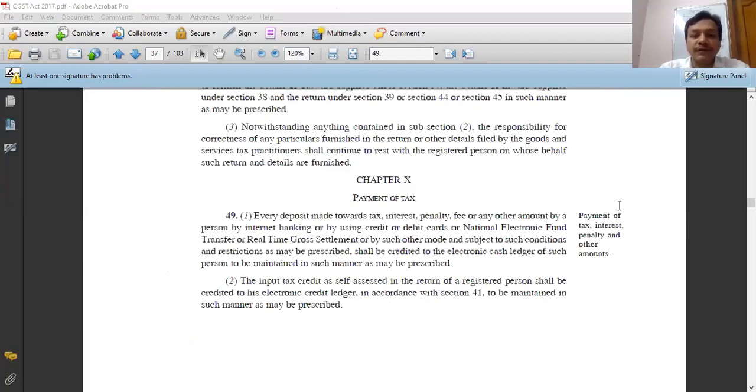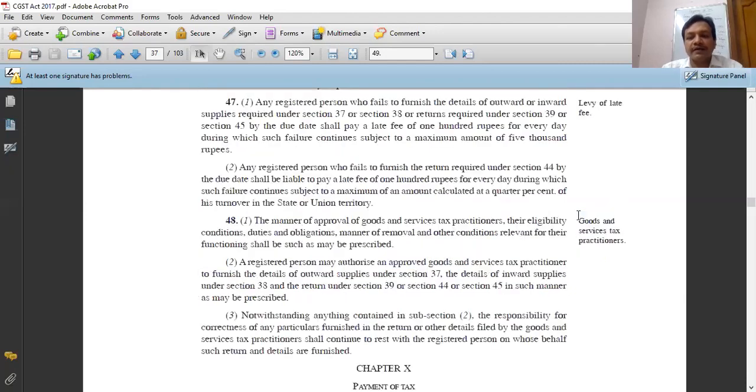I hope the screen is visible. Can you see this Act? It is the CGST Act 2017. Kindly reply fast. Can you see the screen? Yes, great. Now see this: payment of tax. It is section 49. Payment of tax, interest, penalty, and other amounts.